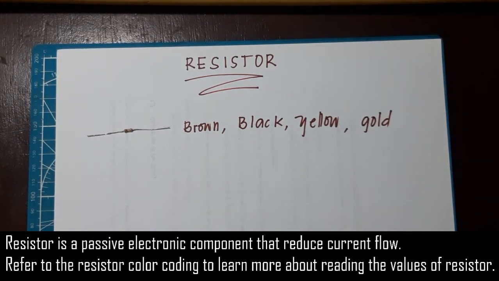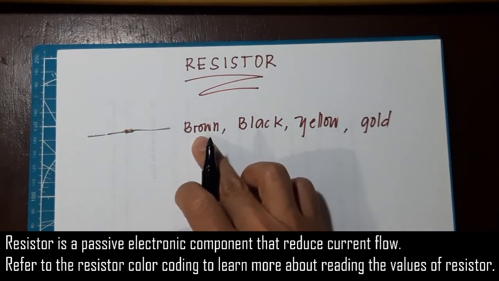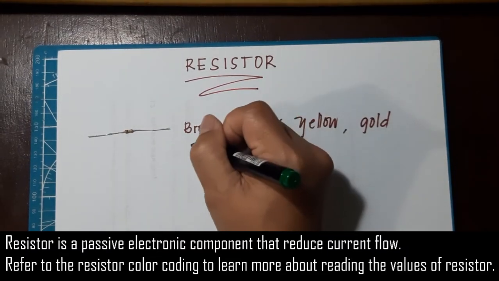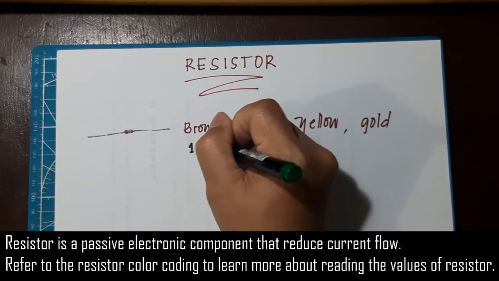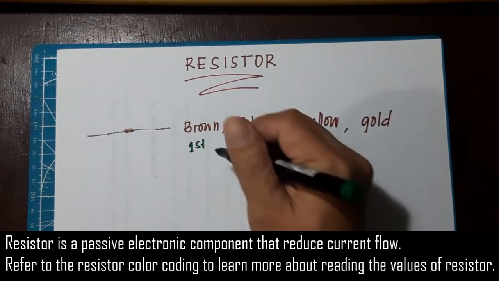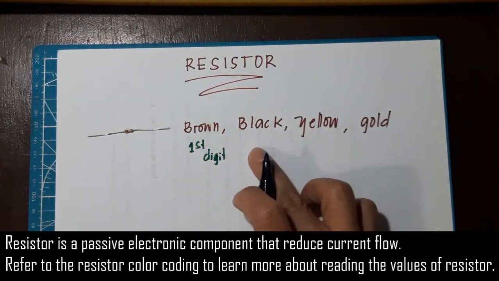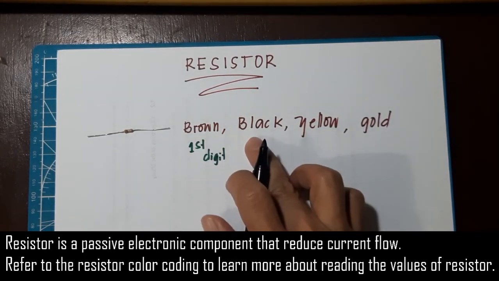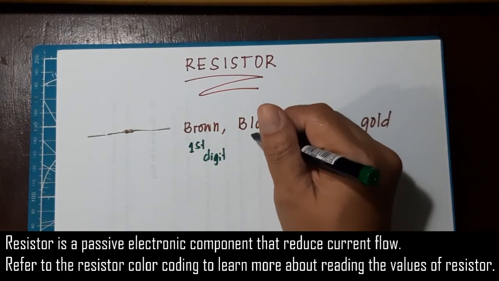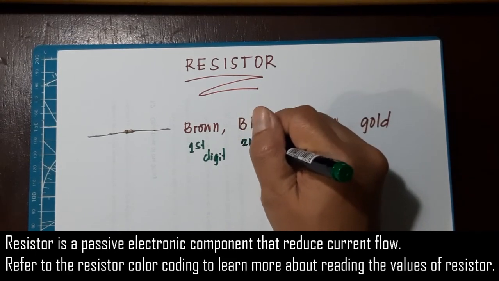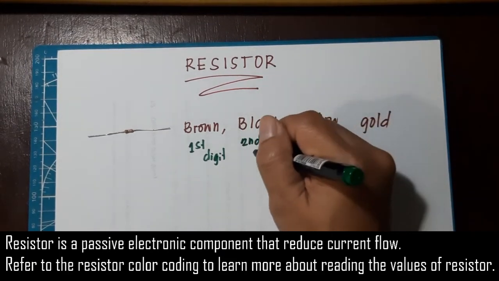The first color will be your first significant digit. The black one, which is your second color, will be our second significant digit.